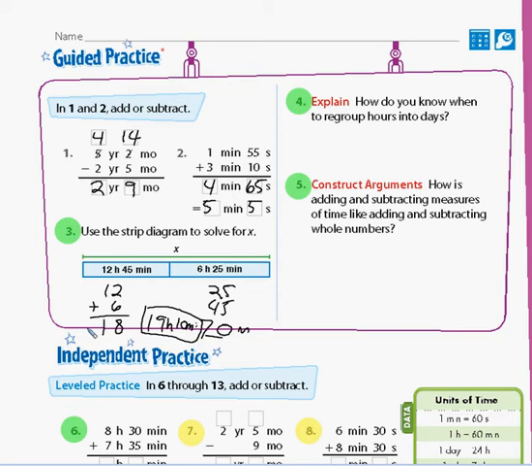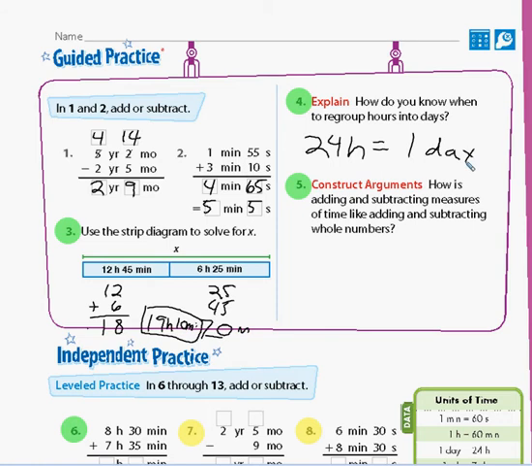Problem number 4. How do you know when to regroup hours into days? We regroup hours into days every 24 hours, because there are 24 hours in a day. So every 24 hours we regroup, that equals 1 day. And it says that on our math chart. Problem number 5.